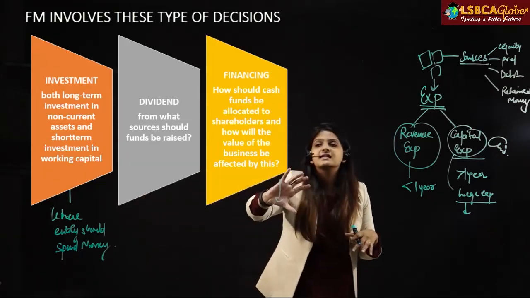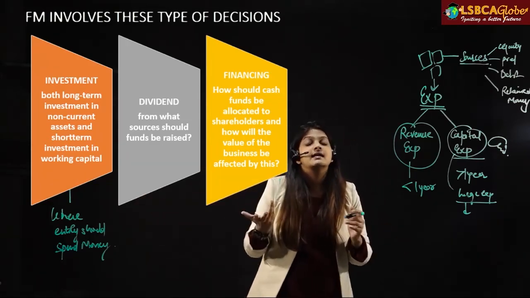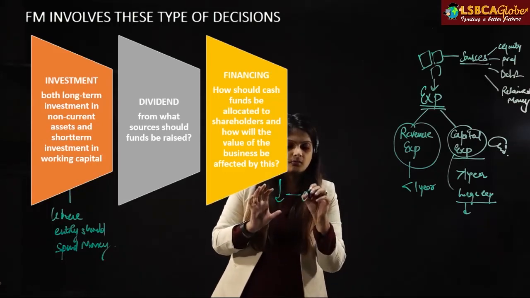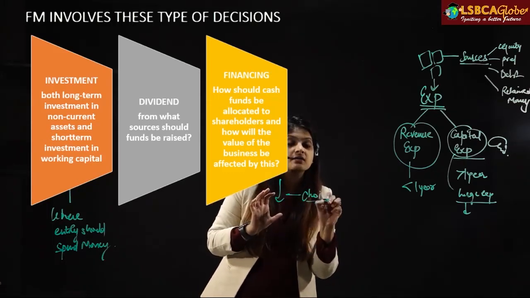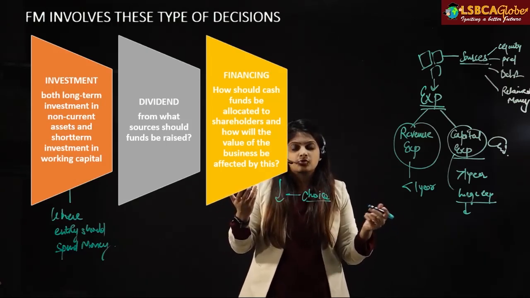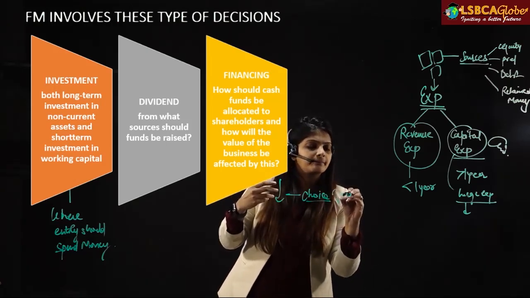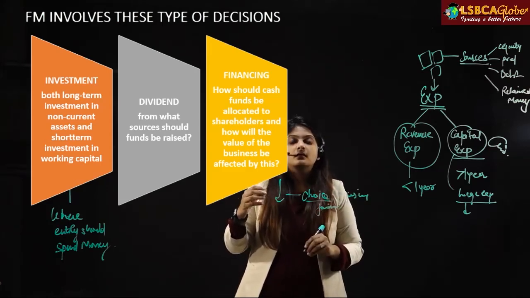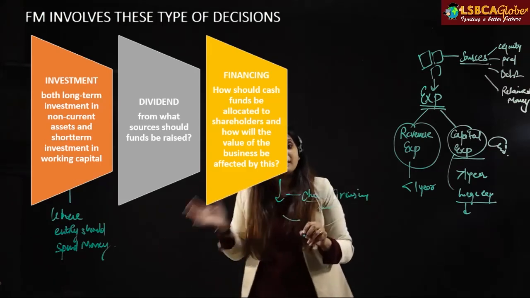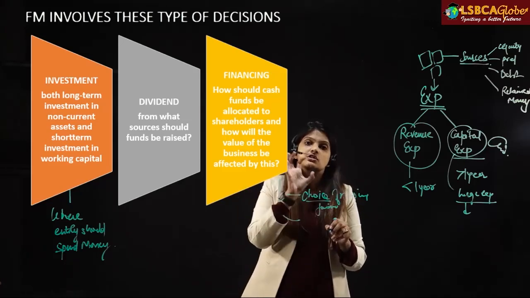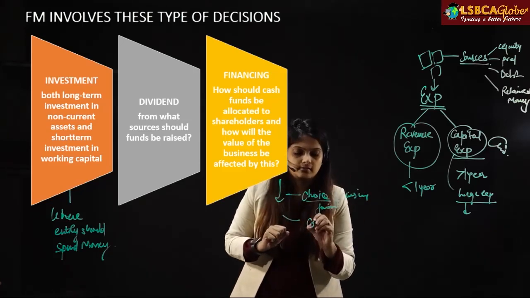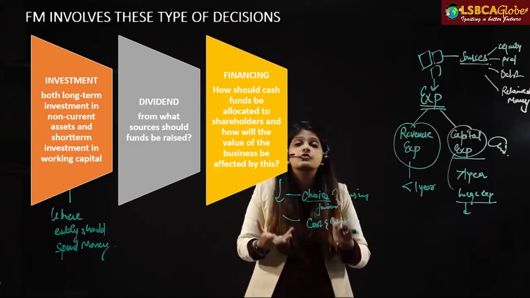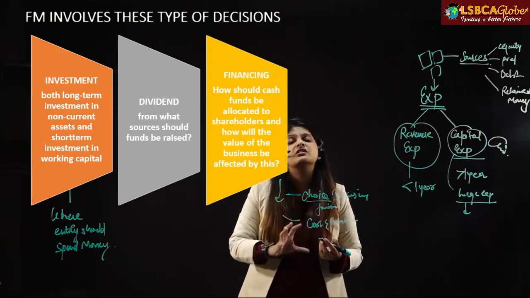Here in financing related decisions we'll see what the different choices of raising finance are, what the costs and benefits associated with each source of finance are, and which source of finance should ultimately be chosen by an entity.